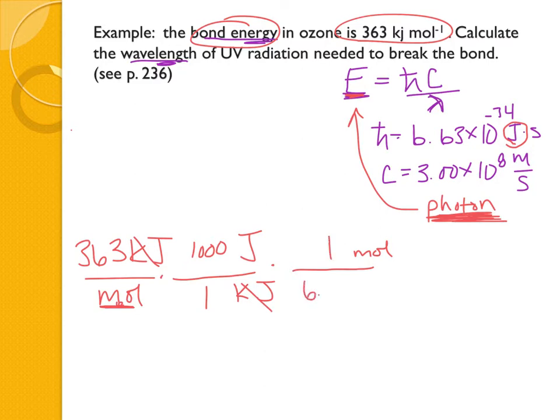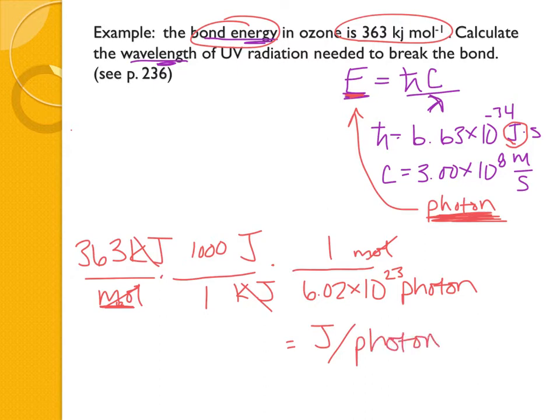So I can have Avogadro's number of photons just the same as any other particle. Now the moles cancel, so my units are joules per photon, which matches the energy that I can plug in to the light formula.